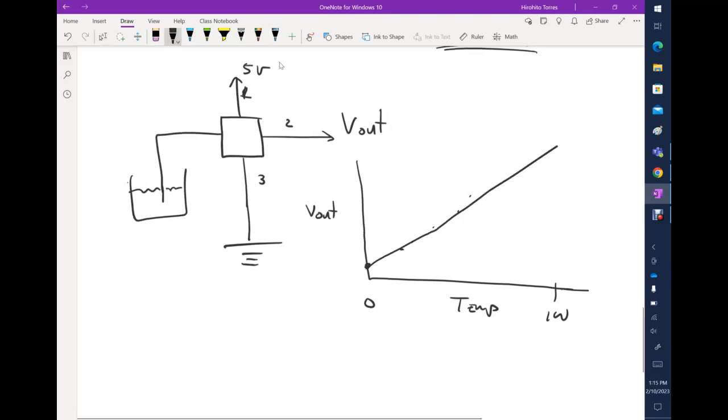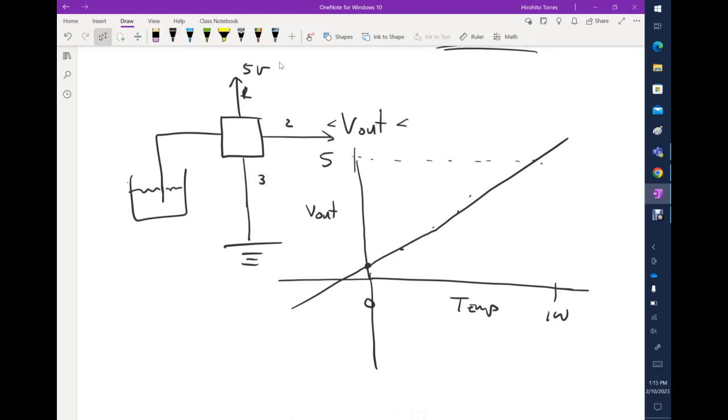So you have a straight line like this, and as the temperature goes down, V out goes down to some value. Let's say here is the maximum, 5 volts.